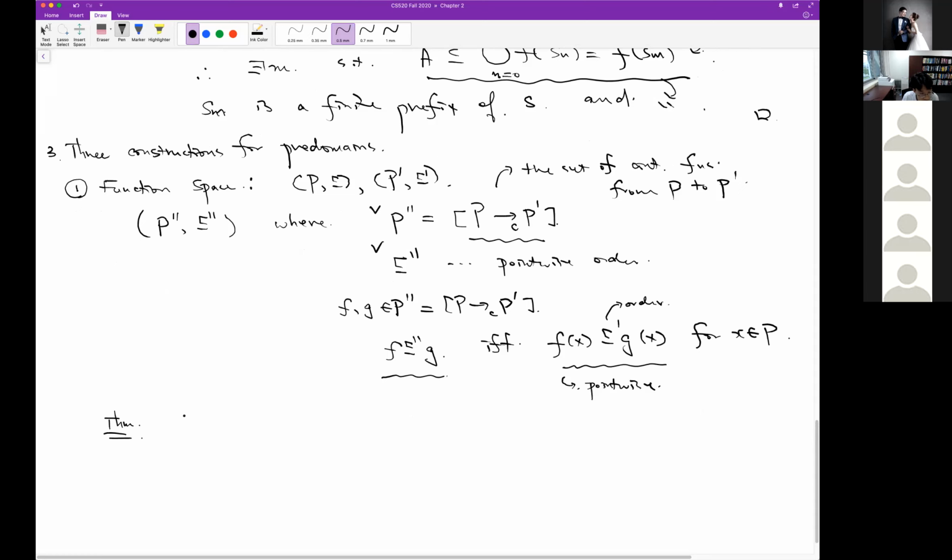The theorem says that if you take P prime with this pointwise order, I will just write it as less than often without the double prime, then P double prime is a predomain.